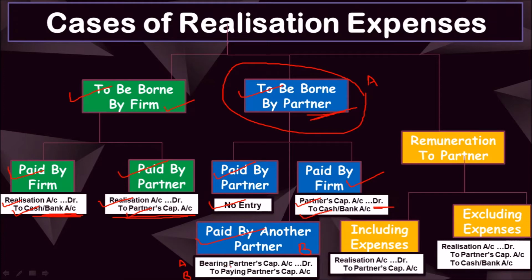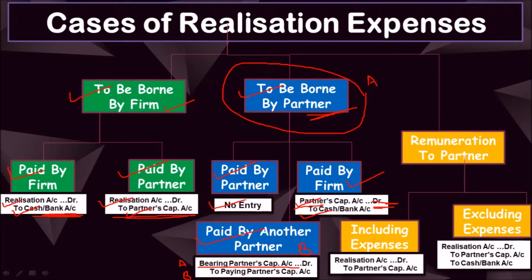So understand here why we did that, because we are passing these entries in the books of the firm. The firm will charge money from this partner because he was supposed to pay. That is why the firm debited his account, because the firm will recover, and whenever the firm recovers, the firm debits the particular partner's capital account, right? We have already learned that.